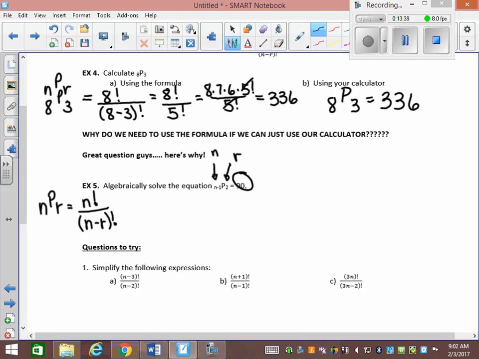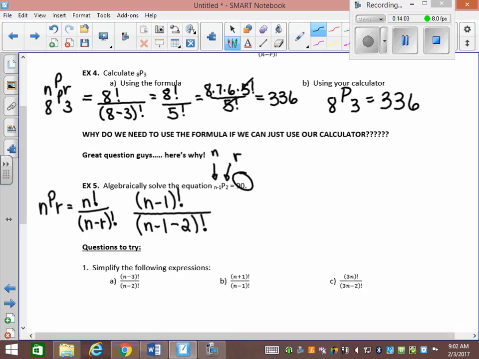My smartboard's a little off. It's supposed to be circled. So we're going to get n factorial, which is n minus 1. N is n minus 1, and then we put a factorial symbol, over n, which is n minus 1, minus r, and r is 2.